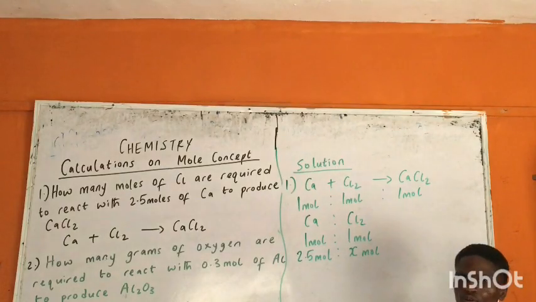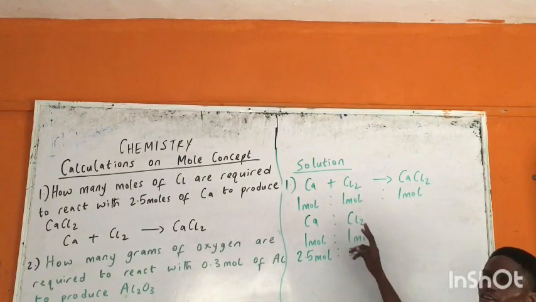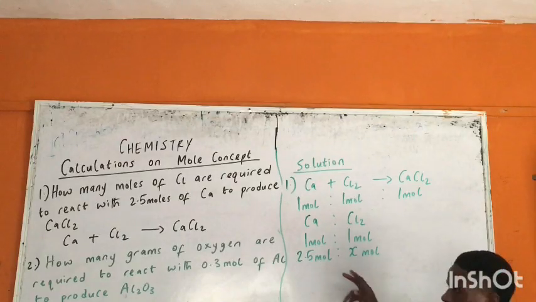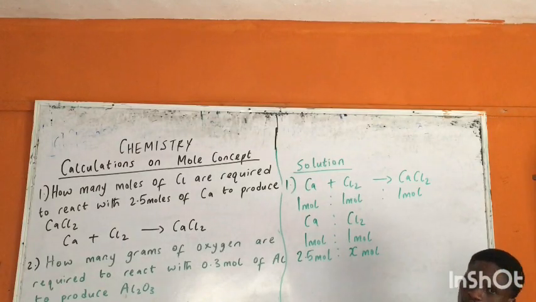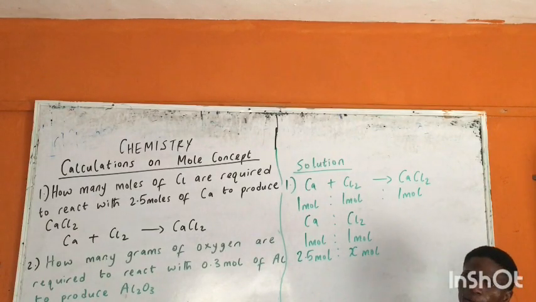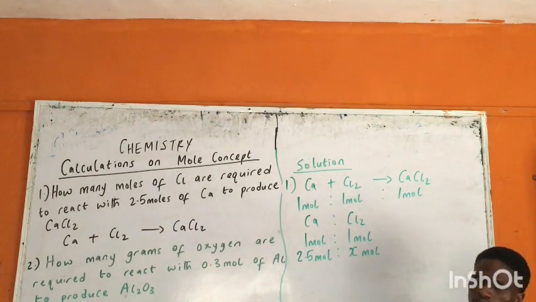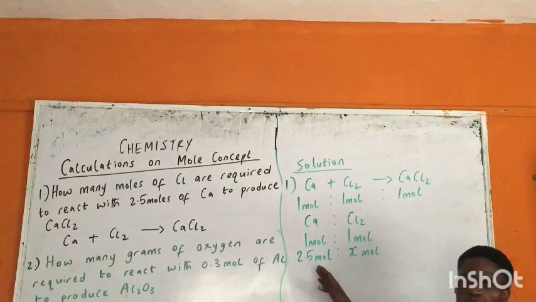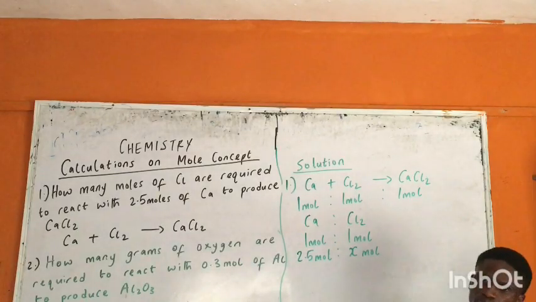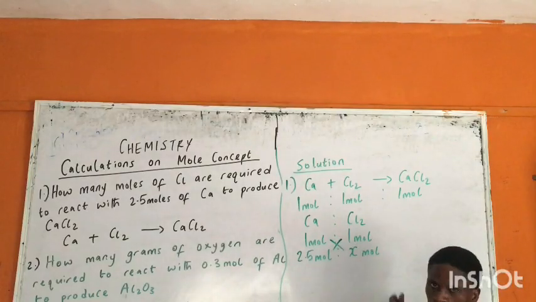Now, from the equation, 1 mole of chlorine is required to react with 1 mole of calcium. So we are having 2.5 moles here now. How many moles of chlorine will now be required to react with this 2.5 moles of calcium? Cross multiply.